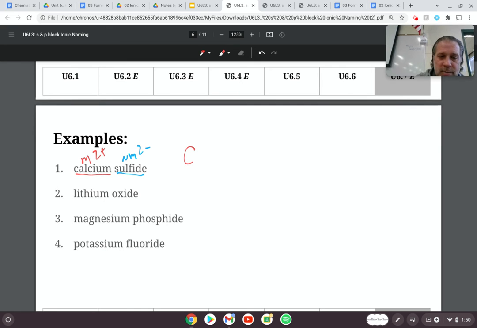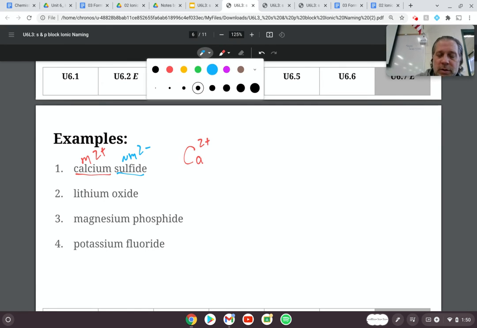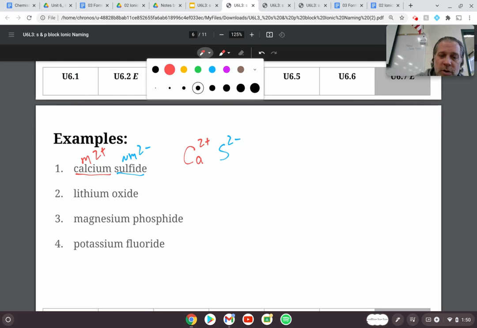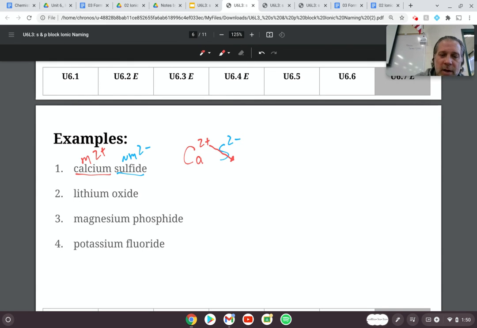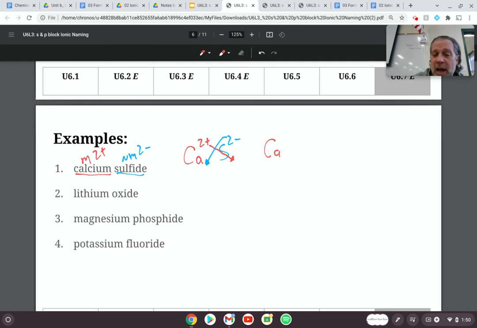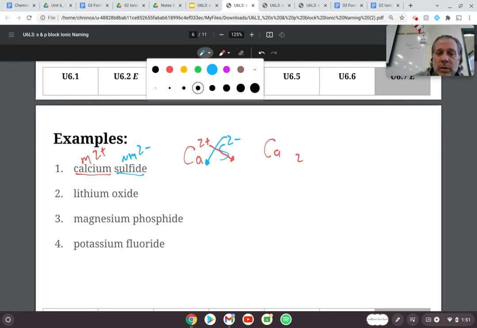And I see that calcium symbol is a Ca +2, and the sulfide symbol is S -2. The next thing I'm going to do is crisscross my charges down. So the 2 from the calcium is going to go behind the S, and the 2 from the S is going to go behind the calcium. And I'm going to clean this up and rewrite it. So I'm going to get Ca2S2.